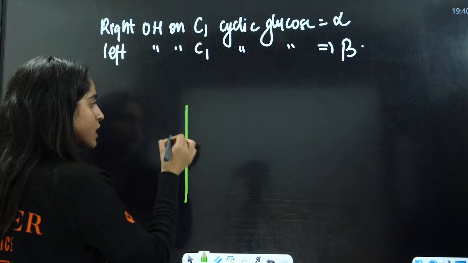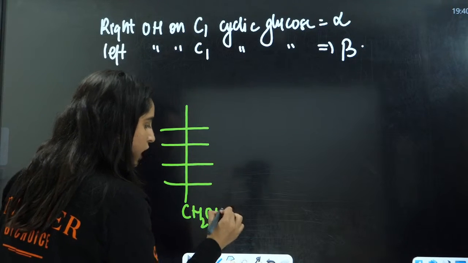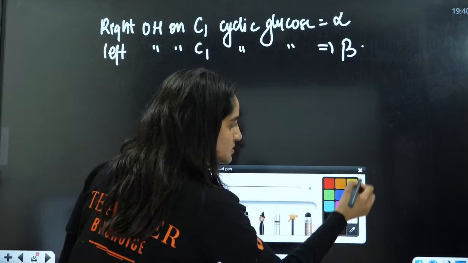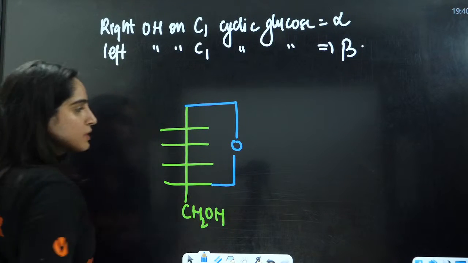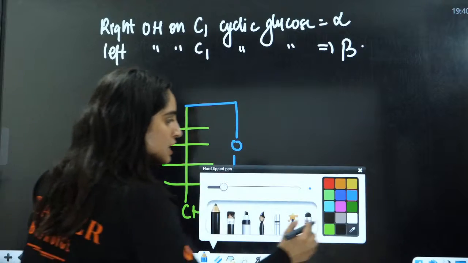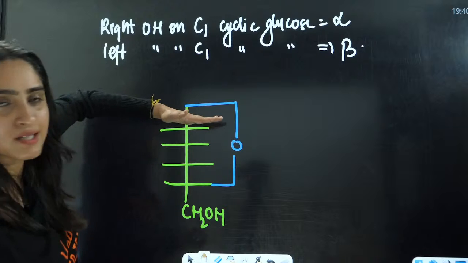You are going to draw this: 1, 2, 3, 4 and this is CH2OH. Now, how are you going to memorize this? You have this bond actually with carbon number 5. Okay, you have this new bond. Suppose this is carbon number 1.